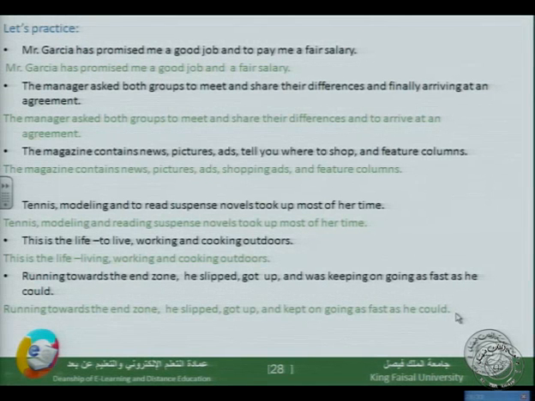Mr. Grisha has promised me a good job and to pay me a fair salary. Notice, Mr. Grisha has promised me a good job and a fair salary. Okay? We want to rewrite these sentences so that they are parallel. In the first sentence, promised me a good job and to pay me a fair salary was not parallelized. Here we ask you to make this sentence parallel.